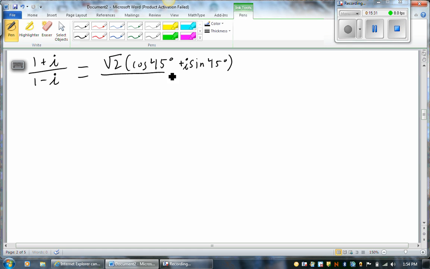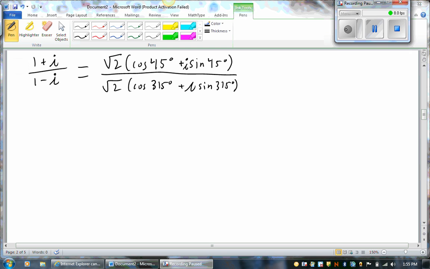Once again, if you don't remember how to do that, I'll refer back to the first video where we did it out. And 1 minus i comes out to radical 2 cosine of 315 degrees plus i times the sine of 315 degrees.